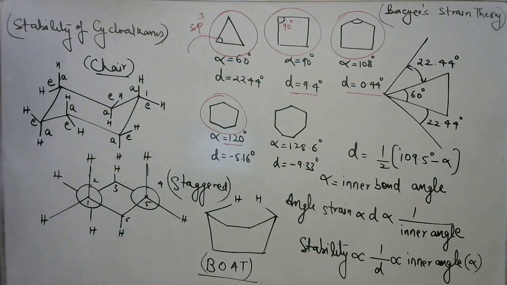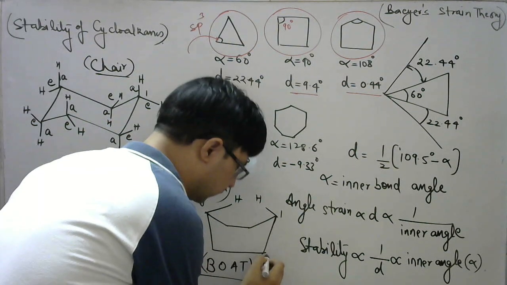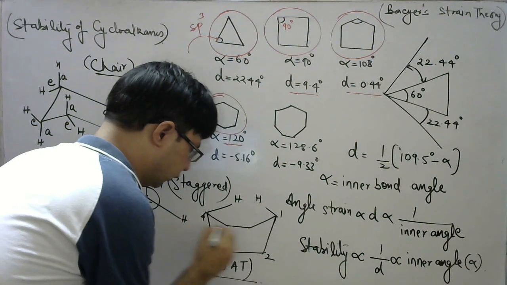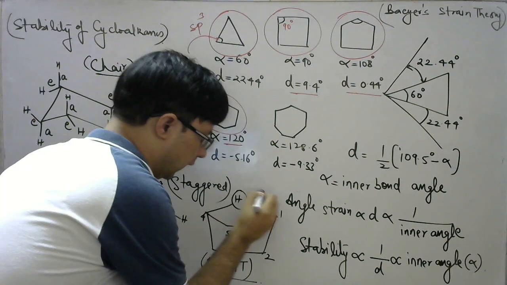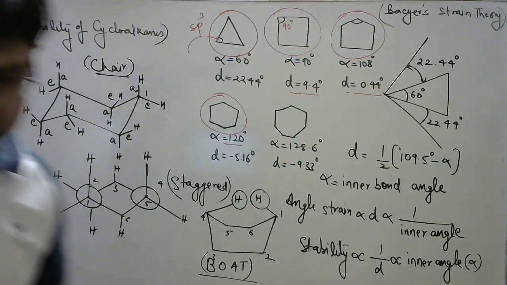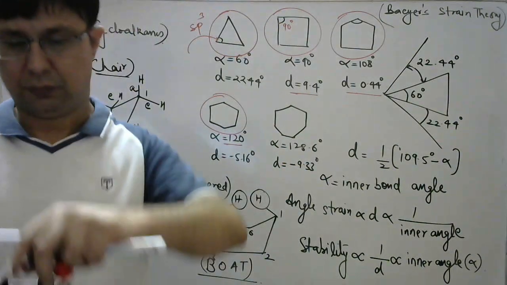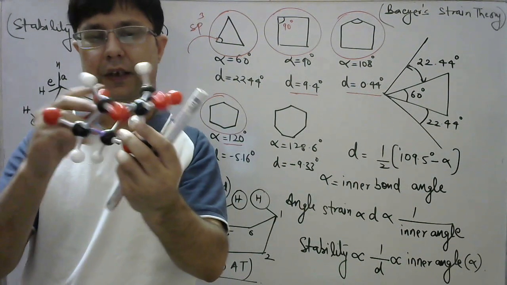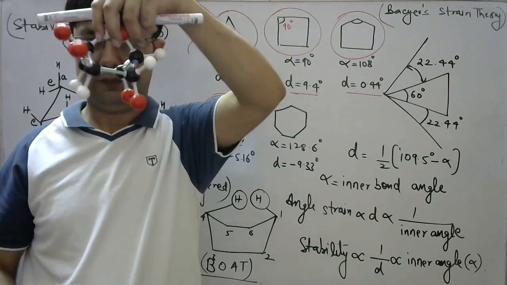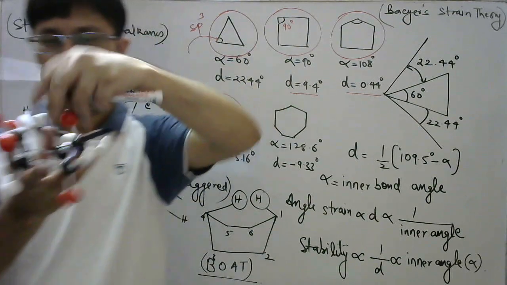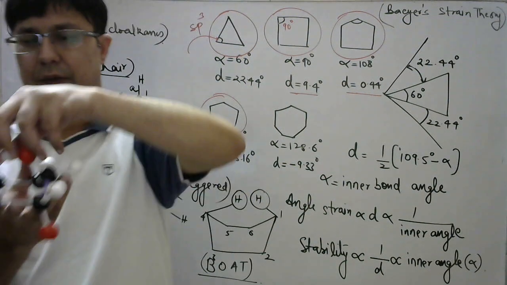What do we call it? Boat form. This is first, second, third, fourth, fifth, sixth, and you can see one thing in this molecule: these two atoms that I have held are very close to each other.